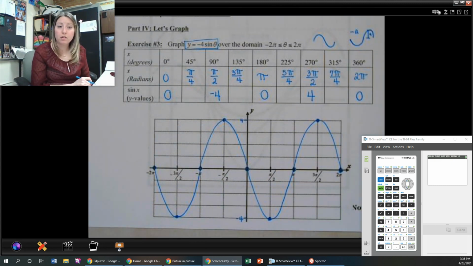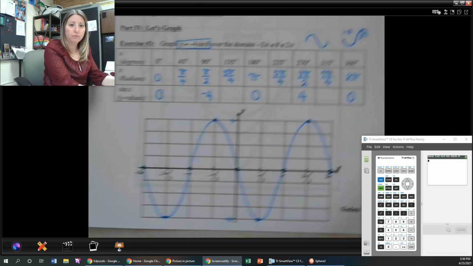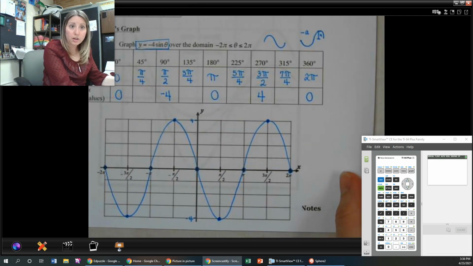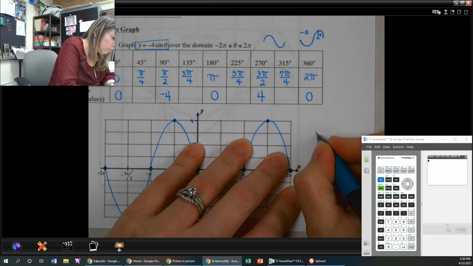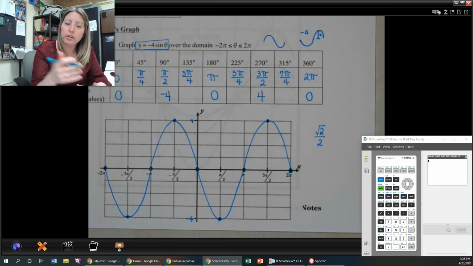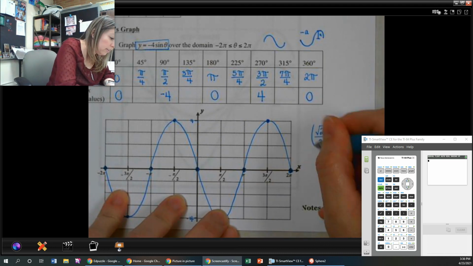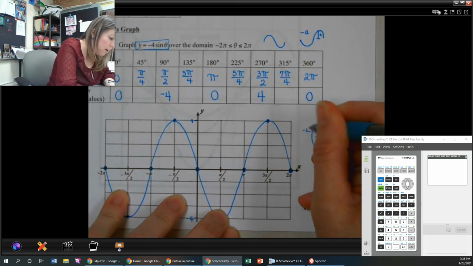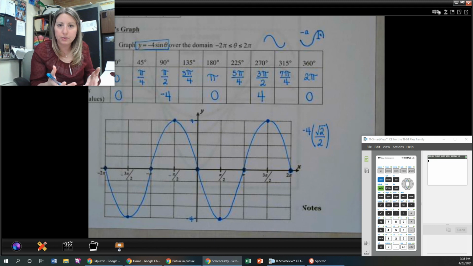Okay. Well, what do we always know about our 45s? Well, our 45s, sine or cosine, are always radical 2 over 2. And what did we know about these? Well, each of these points was multiplied by the amplitude of negative 4. So it stands to reason that I just need to multiply this by negative 4, and that will get me those interim points.